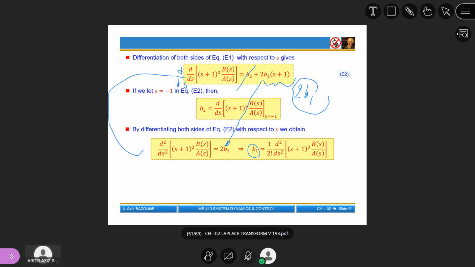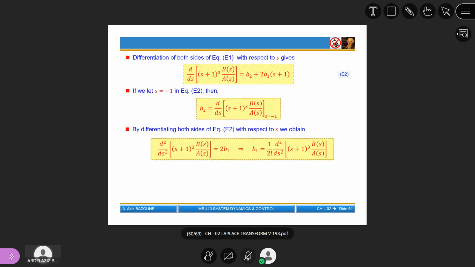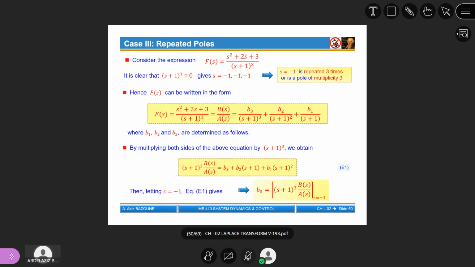Now, if we apply these rules to our example, I will write it again. We need to find the partial fraction of s squared plus 2s plus 3 over s plus 1 cubed, using the same technique, step by step.